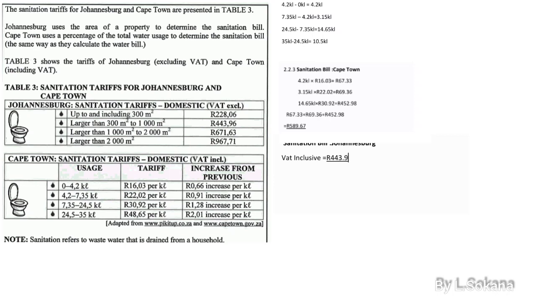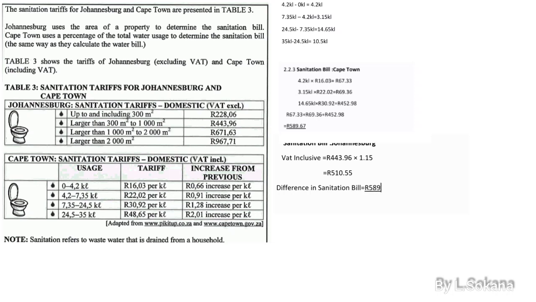That's how we include VAT. When we exclude VAT, we divide by 1,15 or we divide by 115 divided by 100. 143 rand 96 cents multiplied by 1,15 gives us 510 rand 55 cents.